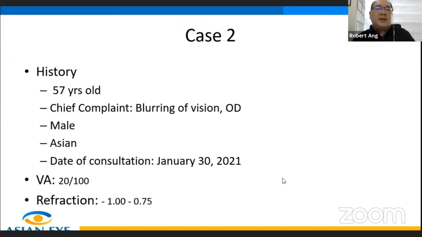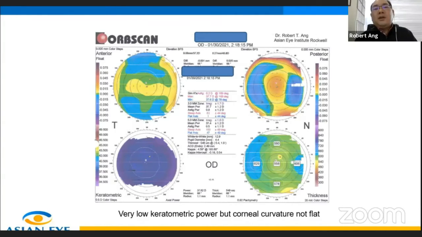So another case is a 57-year-old patient with blurred vision, unhappy, who wants to do something about it. I use this case because if you just use the topographer, you see a very, very flat cornea, but the corneal thickness seems okay. The anterior and posterior curvature seems okay. So I was wondering, is this a post-refractive patient?